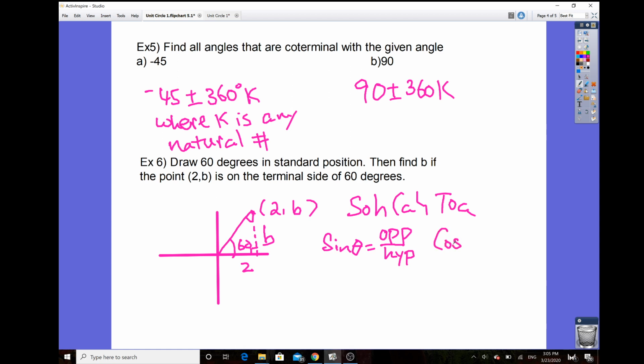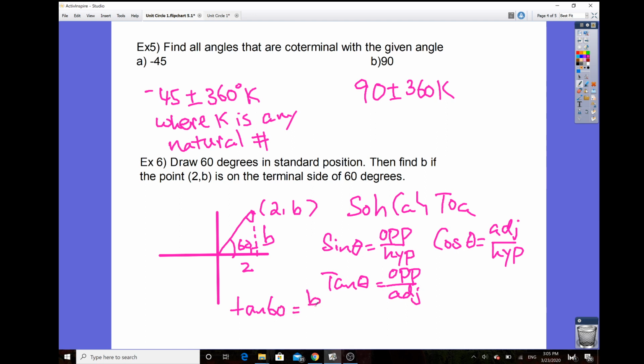Cosine of theta is adjacent over hypotenuse. And tangent of theta is opposite over adjacent. According to the ratio that we have, this one is opposite and adjacent. Obviously, we're using tangent.